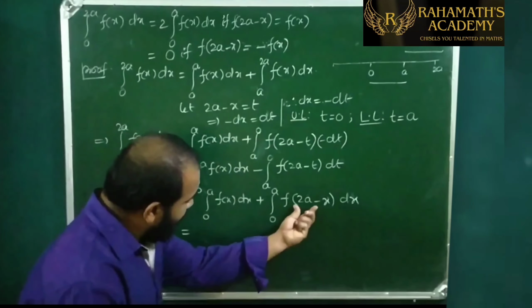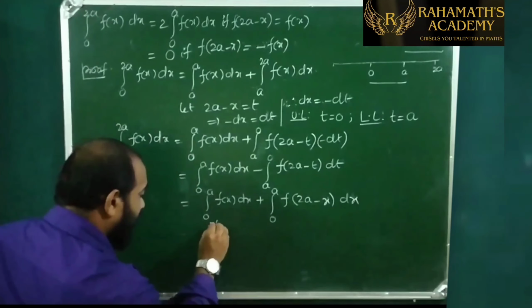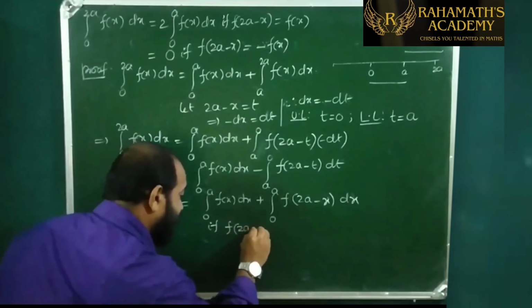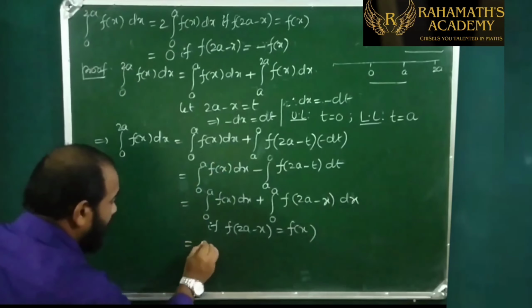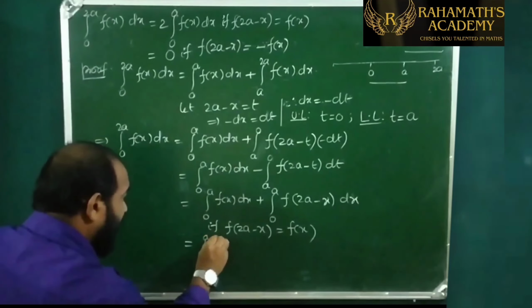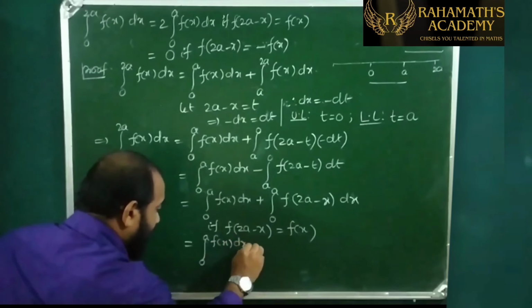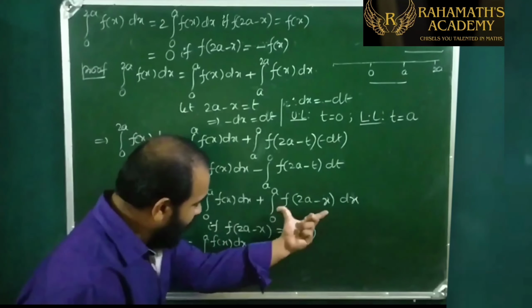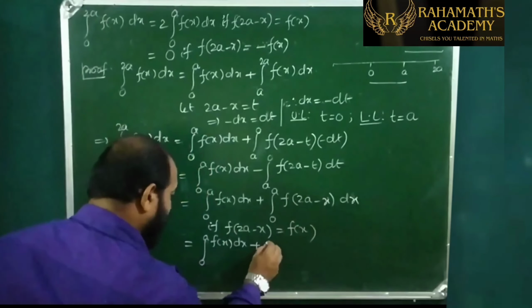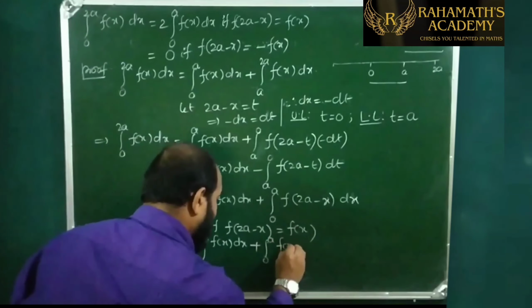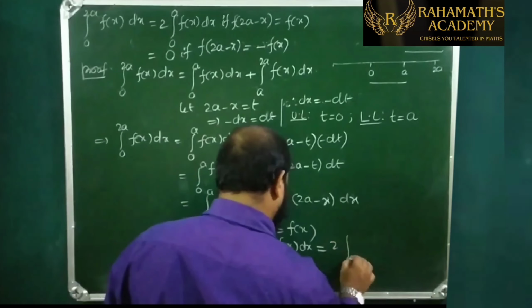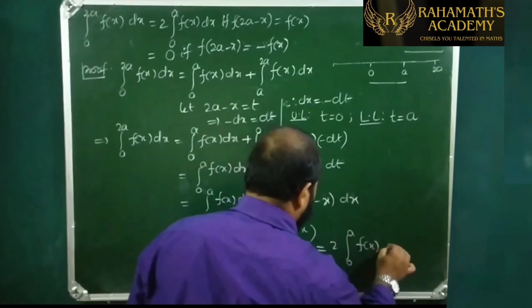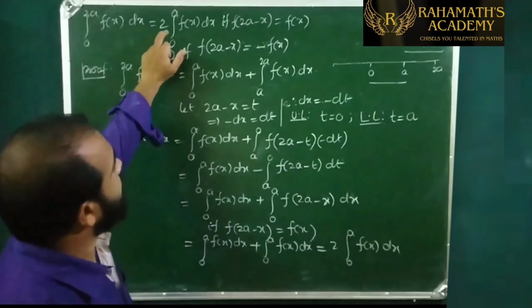Now if f of 2a minus x is equals to plus f of x, then what will happen? This is 0 to a f of x dx plus this is also f of x. Integral 0 to a f of x dx, that is equals to 2 integral 0 to a f of x dx.